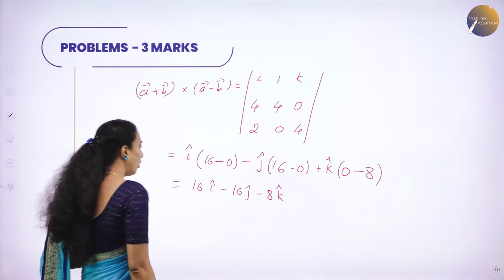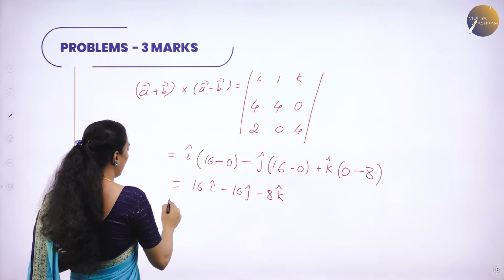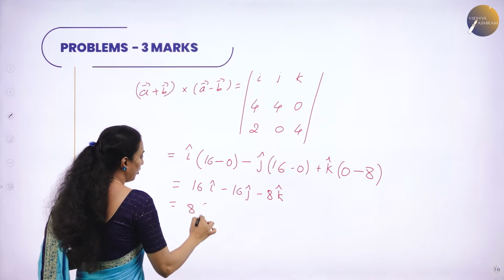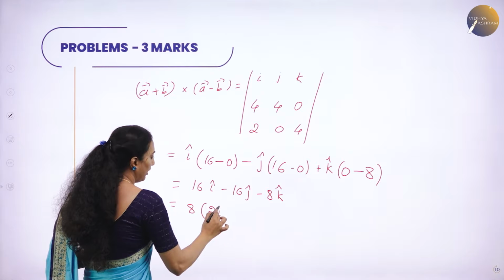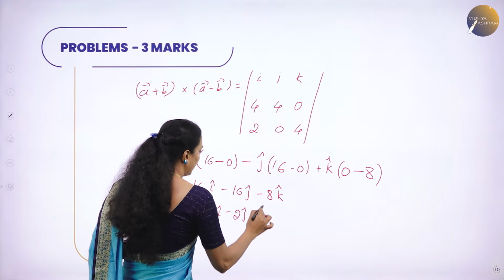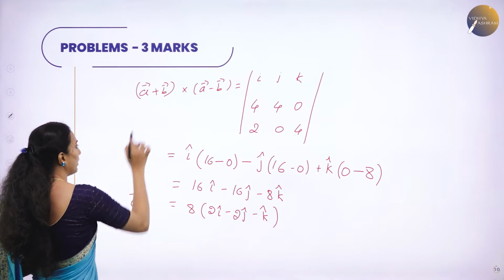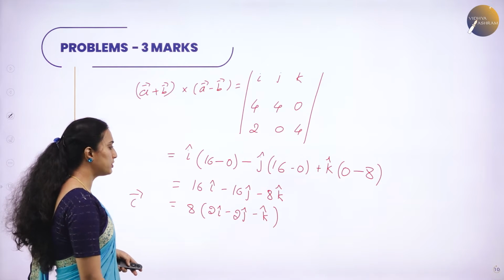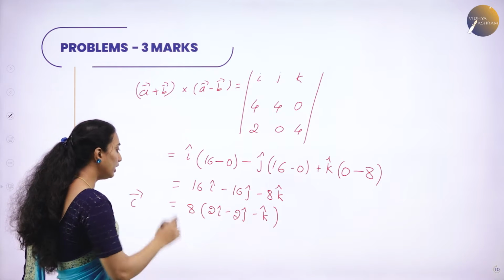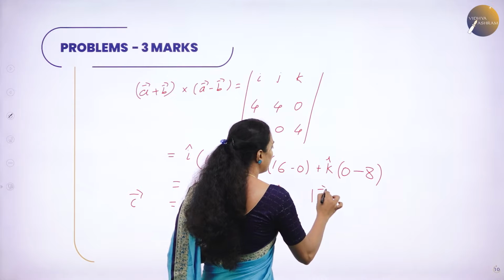You can divide throughout by 8, or take 8 as a common factor. If you take 8 as common factor, it will be 2i minus 2j minus k. So this is what you can take as the C vector, because C vector we have defined like that. Now, substituting in the formula, you need to find the magnitude of this. So let us find the magnitude of C vector first.